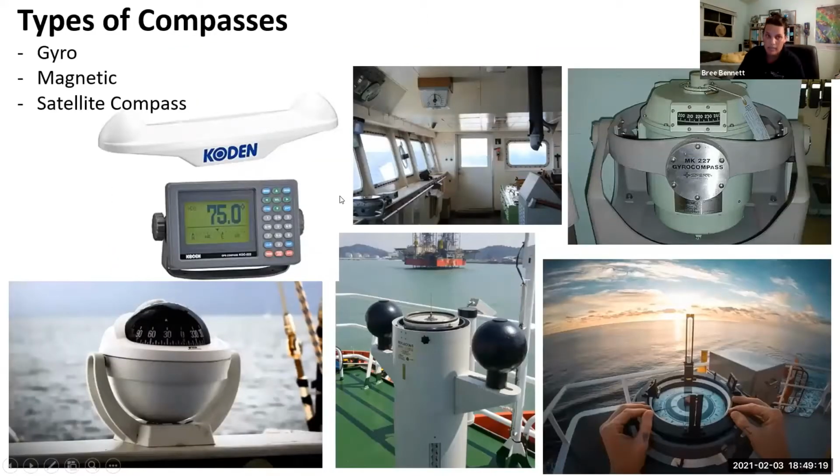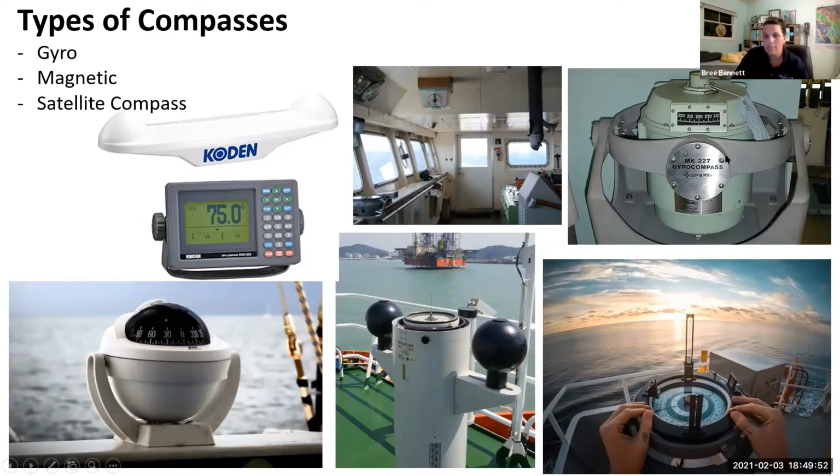Different types of compasses. So we have a magnetic compass. That's typically what you're going to see on board. You also might see a satellite compass. They'd have to have a satellite and then a repeater or reader, so you could see what the satellite compass is pointing to. And then you might see, probably not, gyro compasses. That is what larger vessels use.